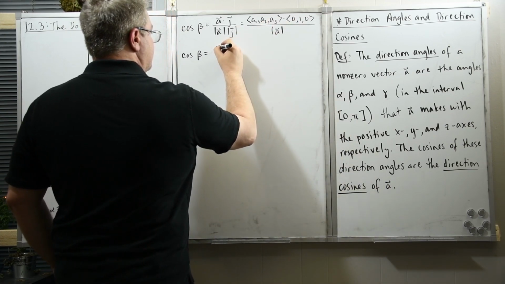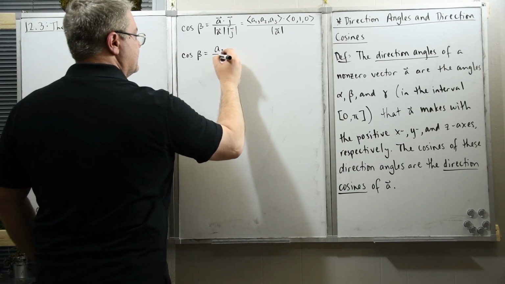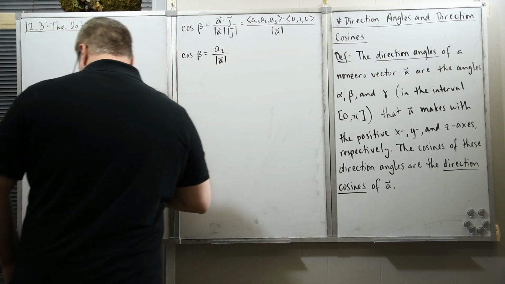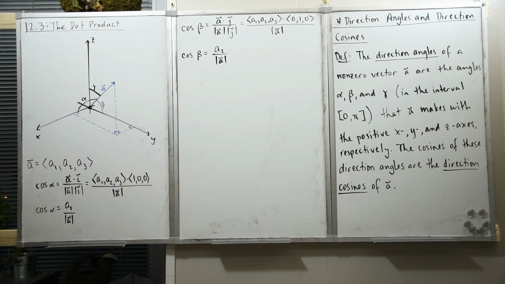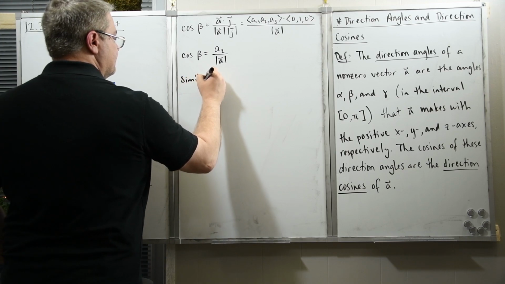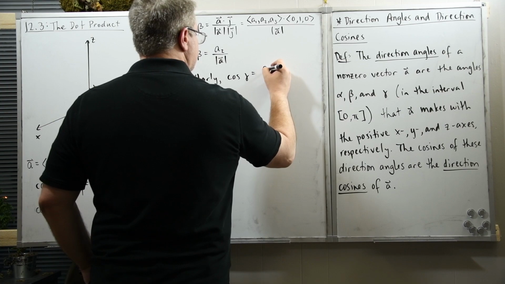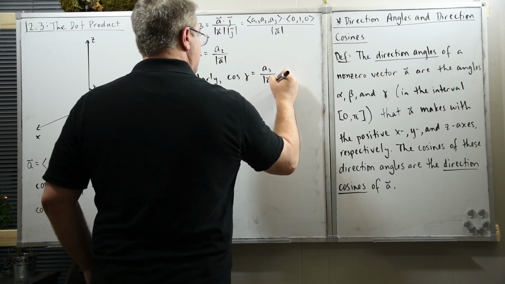A2 times 1 gives you A2. And A3 times 0 gives you 0. So cosine of beta is going to be A2 over magnitude of A. And in a similar fashion, cosine of gamma is A3 over magnitude of A.